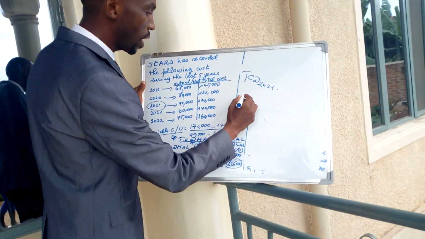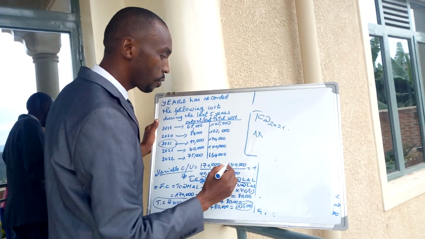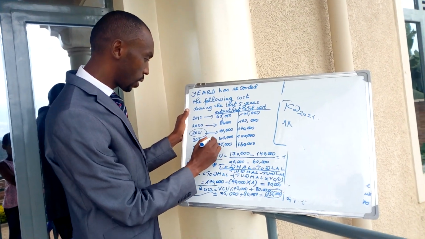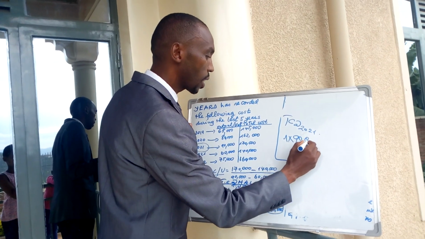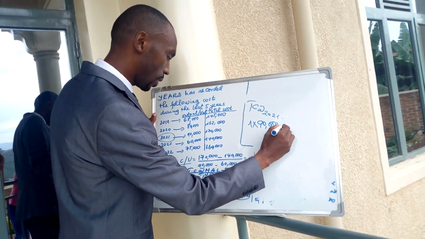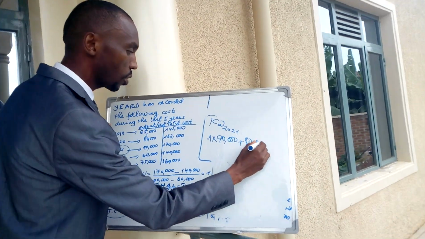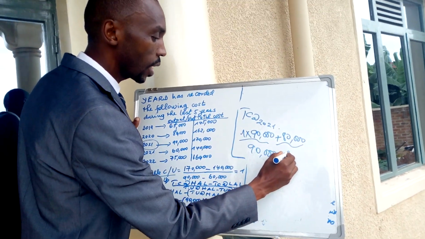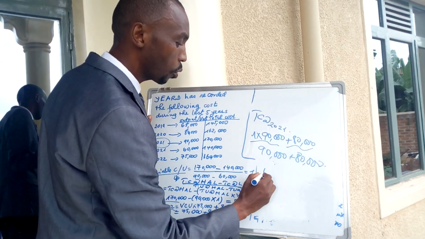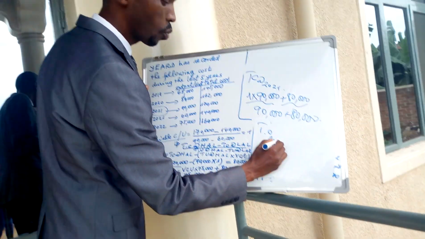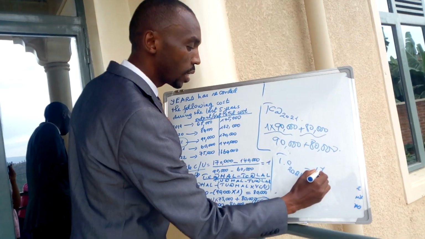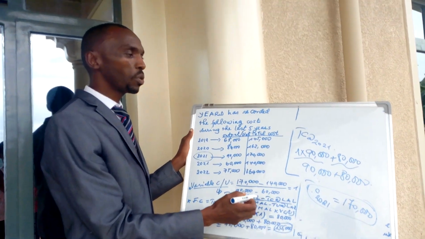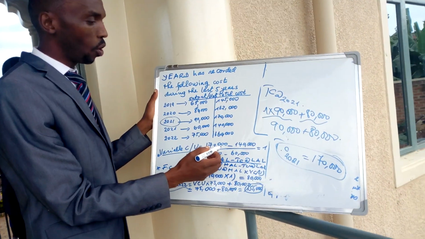It will be the variable cost, which is 1 Rwandan franc per unit, times the number of units, 90,000, then plus 80,000, because the fixed costs do not vary, which will be 90,000 plus 80,000, and the total cost here in the year 2021 will be 170,000. So this is what I wanted to demonstrate on the high-low method.